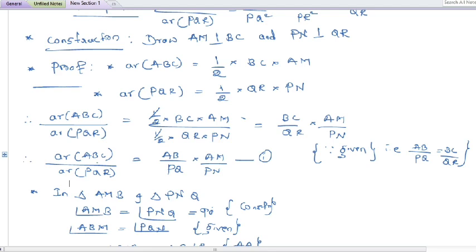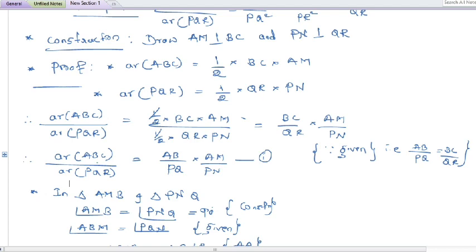What remains here? BC by QR into AM by PN. And also we can write area of ABC divided by area of PQR is equal to AB by PQ into AM by PN, call this equation number 1.